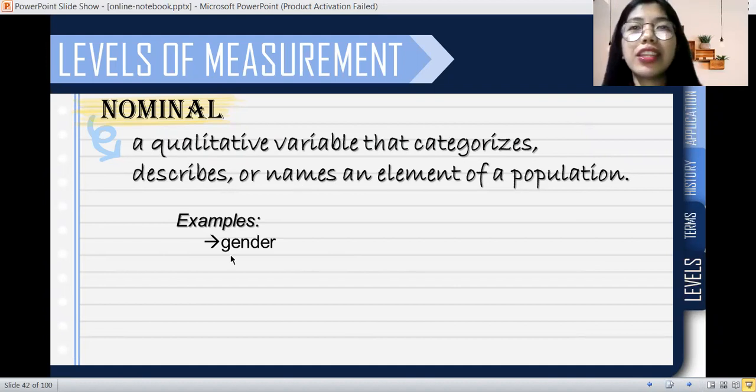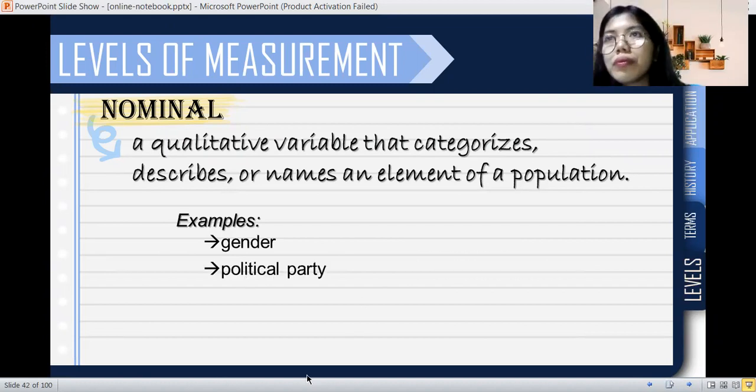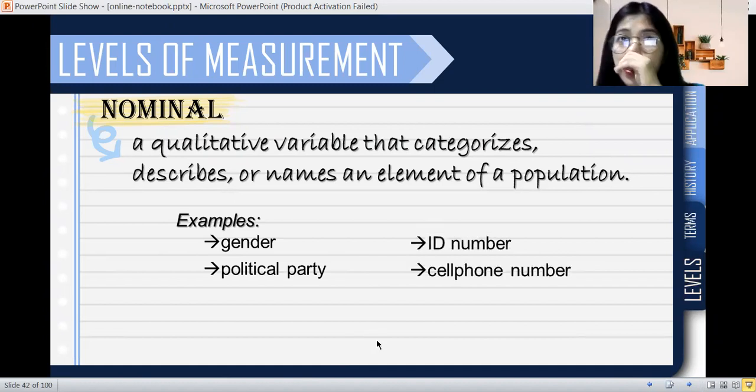Again, qualitative to dahil yung sagot natin maaring male or female. We also have political party and ID number and cell phone number. So, ayun. Meron tayo ditong example na ID number and cell phone number. Ma'am, bakit yung sabi natin kanina, it is a qualitative variable, pero bakit may number dito?